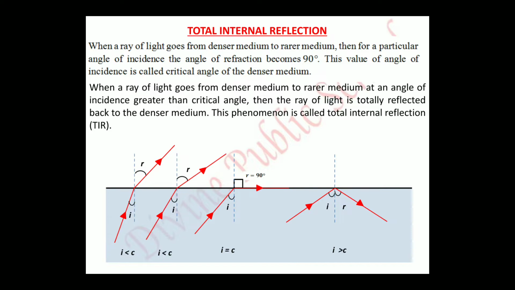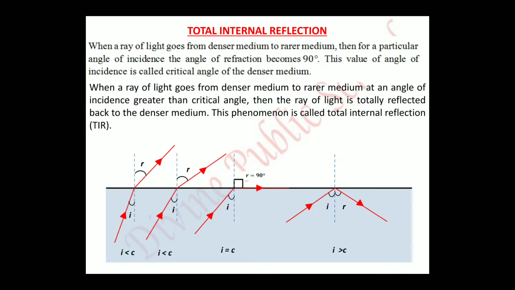What are the conditions? There are two conditions. First, the light must go from denser medium to rarer medium, and second, the angle of incidence must be greater than the critical angle. Both the conditions are there in the definition only, so you must remember the conditions as well as the definition.